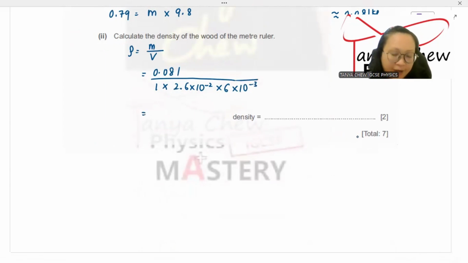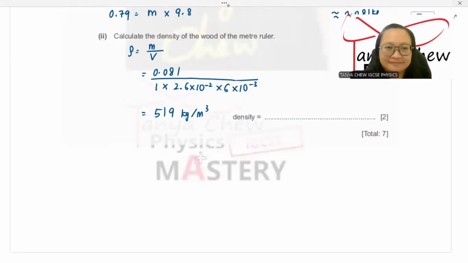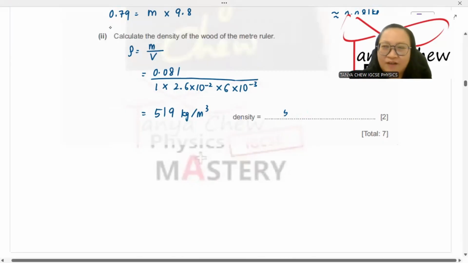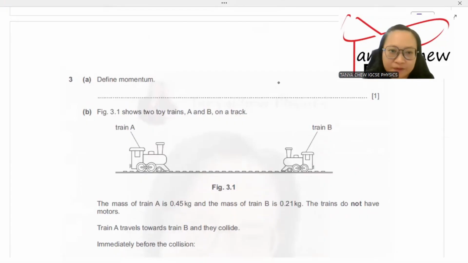And finally, I end up getting 519 or 520 kilogram per meter cube. You can round it off to 520 kilogram per meter cube. Done.